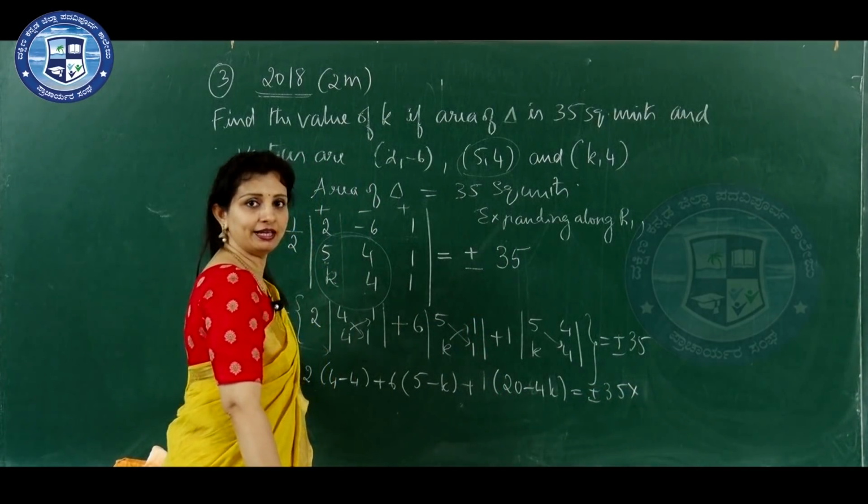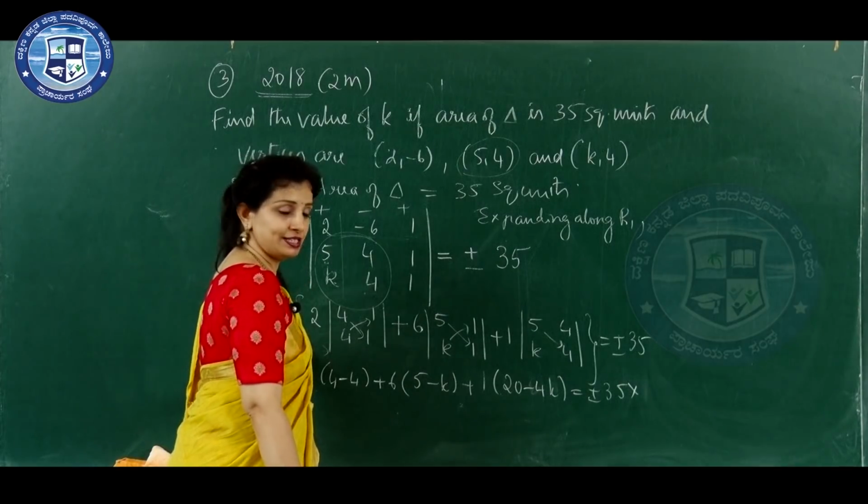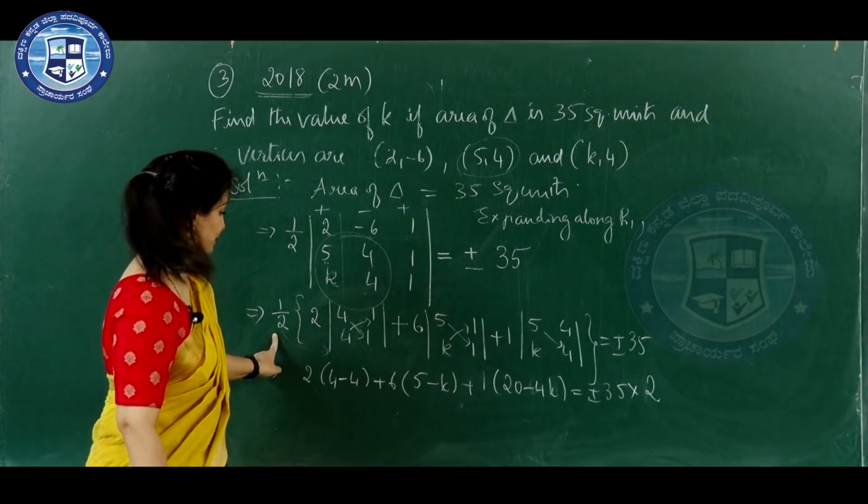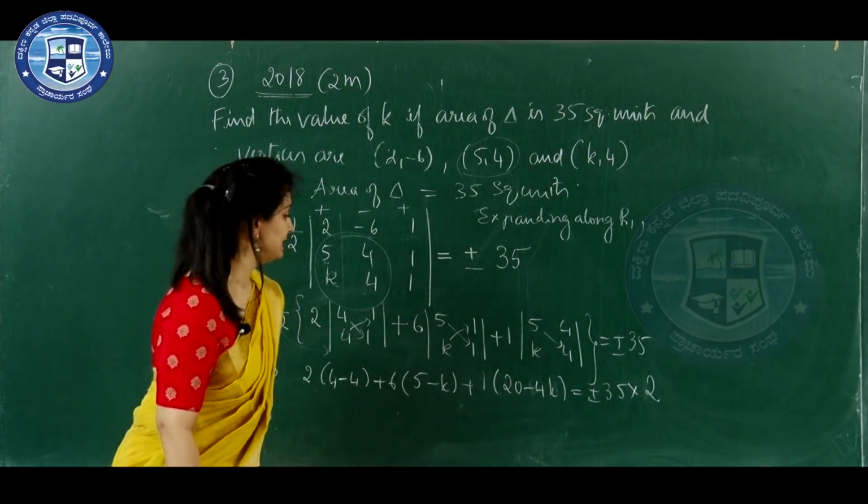When you divide, it is in LHS, it is divided by 2, it turns to multiply by 2, on the right, plus or minus 35 into 2.